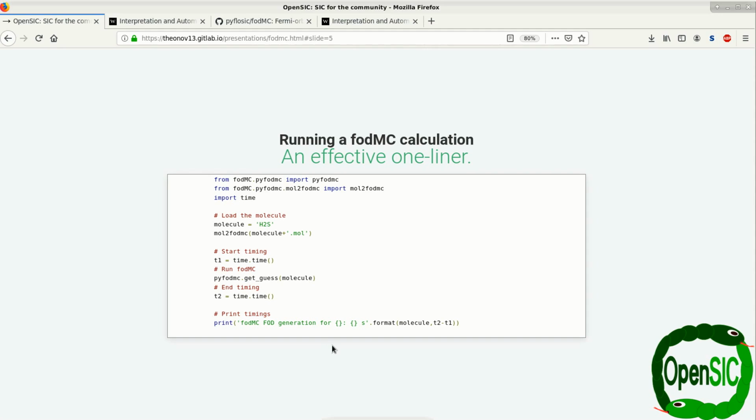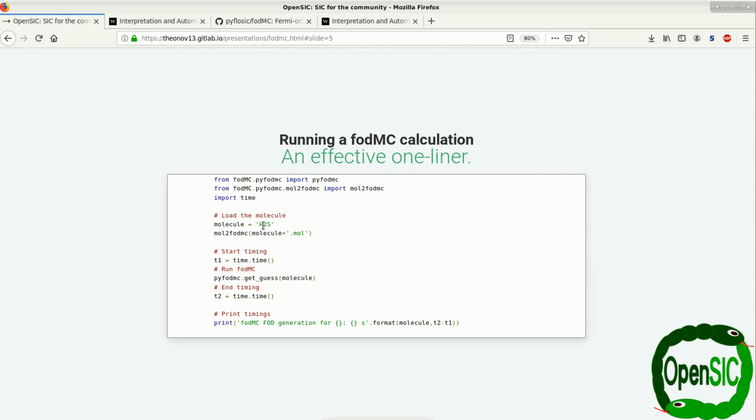To run the FODMC, you can use a simple Python script as shown here. First of all, we import the Python module of the FODMC called pyFODMC, and from that we import the mole to FODMC function, which transforms the information of a mole file into FODMC input. We also import the timing function.